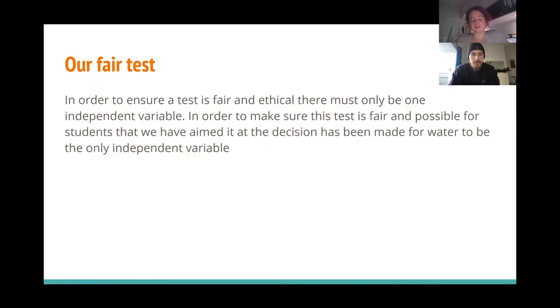So to make this a fair test, we have decided that there is only one independent variable, and for us, the easiest way to make the variable suitable for the age group and suitable for materials and everything is to make water the variable.